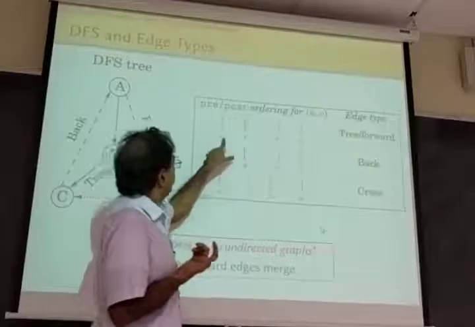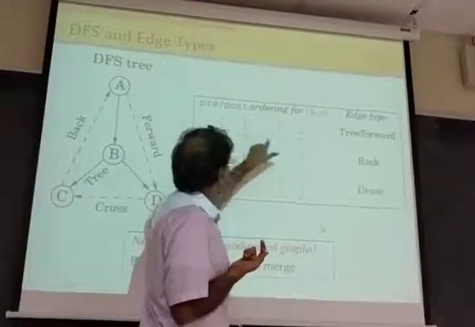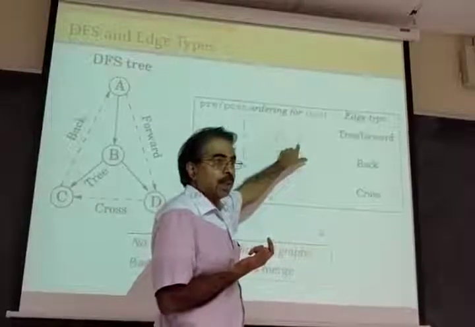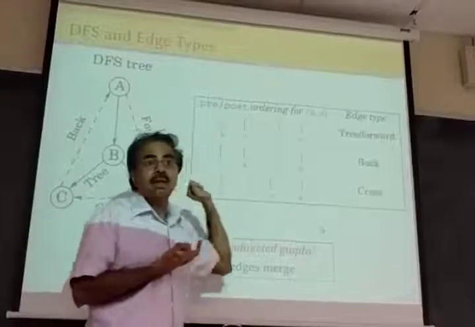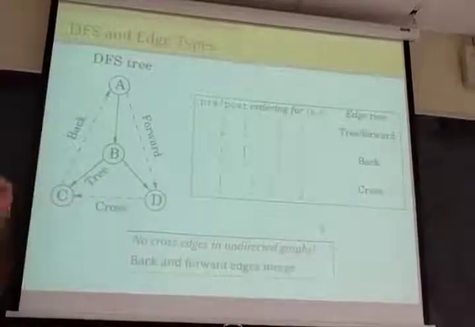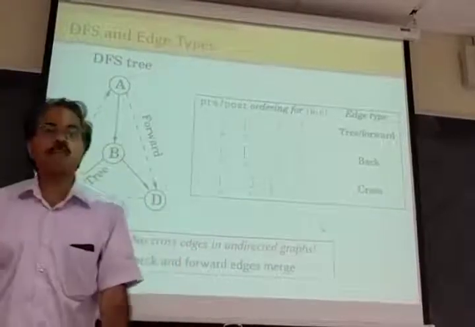So if the pre-post interval of v is entirely within the pre-post interval of u, that means v must be a descendant of u in the DFS tree, and therefore this edge between u and v must be a forward edge.